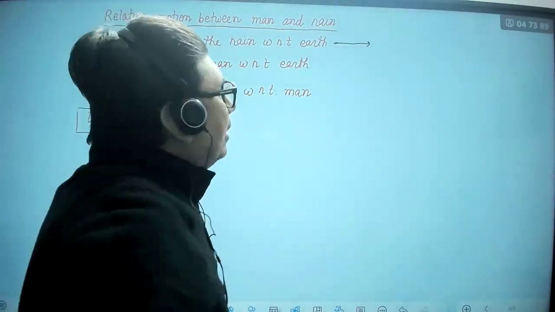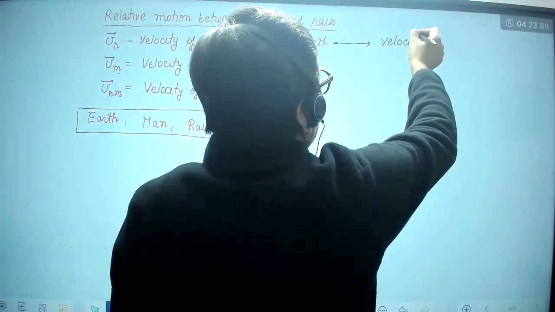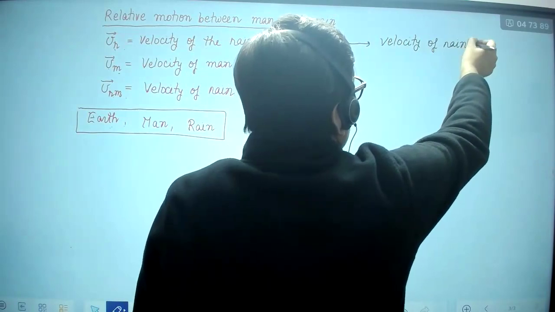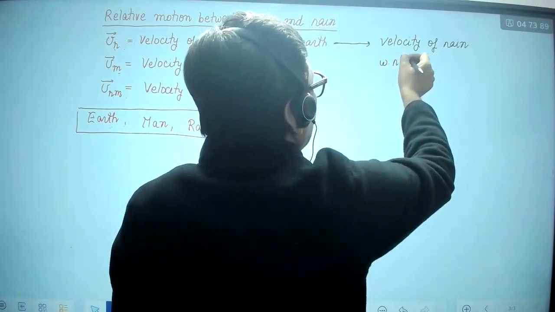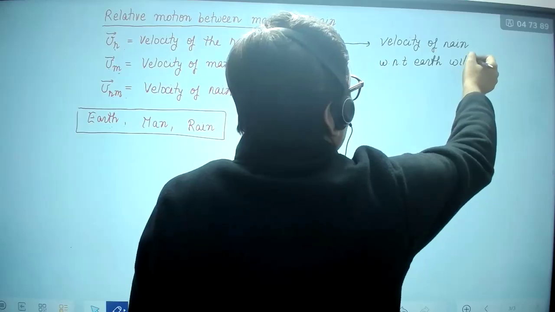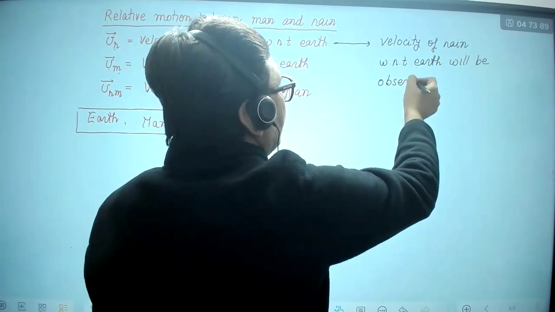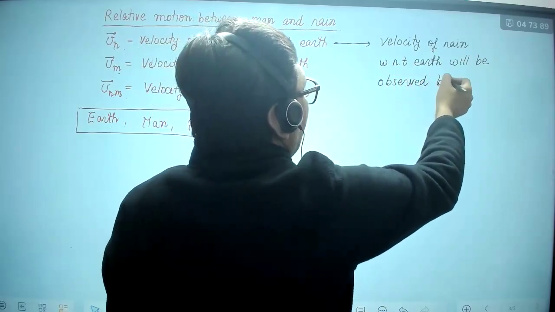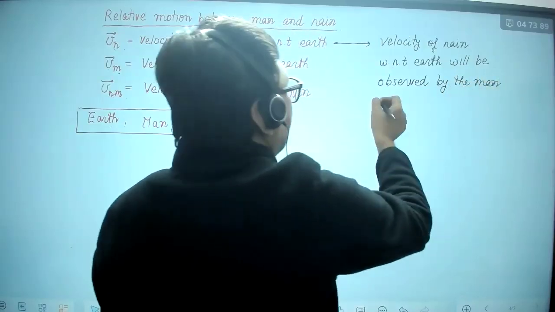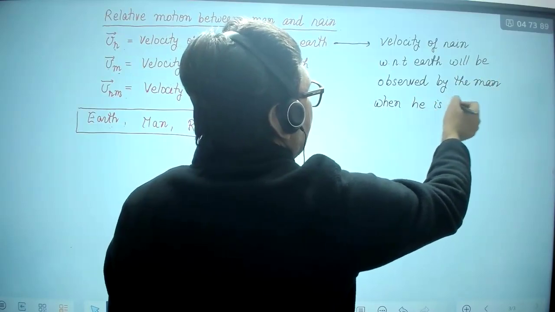ठीक है ना? So VR, velocity of rain with respect to earth, will be observed by the man when he is at rest.